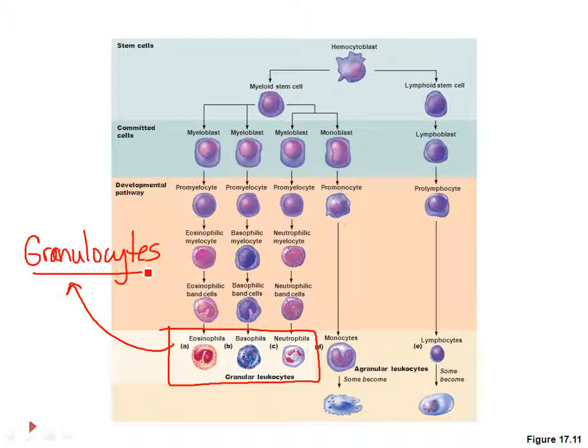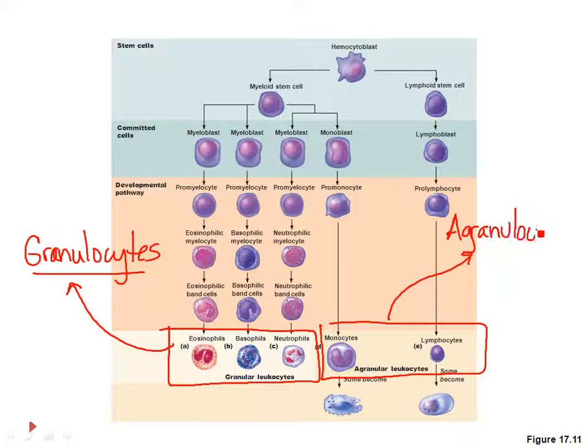Okay? And your monocytes and your lymphocytes, those 2 types, can be grouped together and referred to as agranulocytes. And I imagine you'll talk more about that in your Bio 202 laboratory.